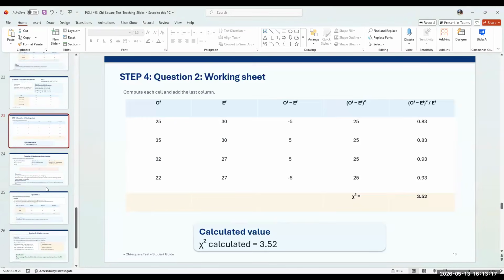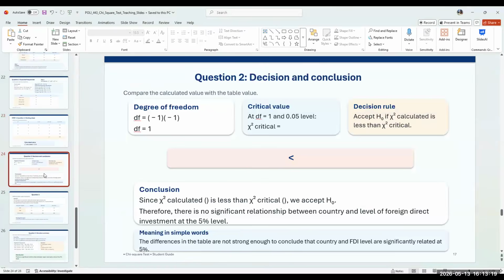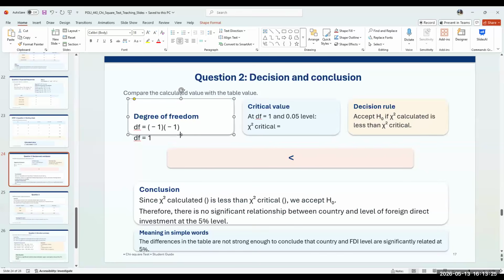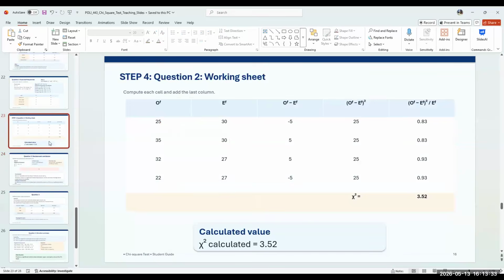So up to this point, I hope you all understand, right? Now let's move to step number 5. Please, can we go back again? Which one don't you understand?